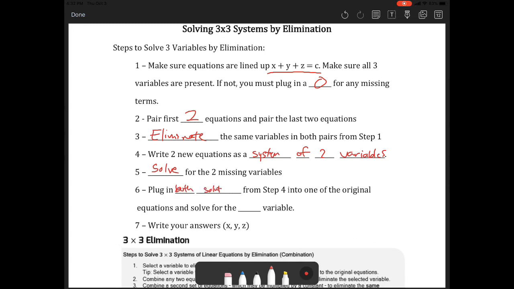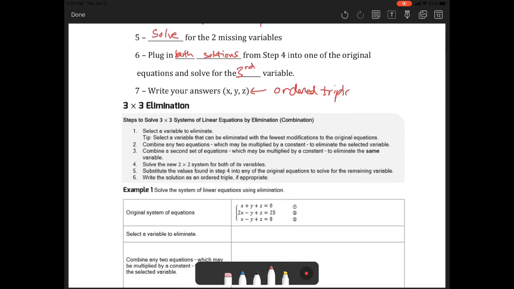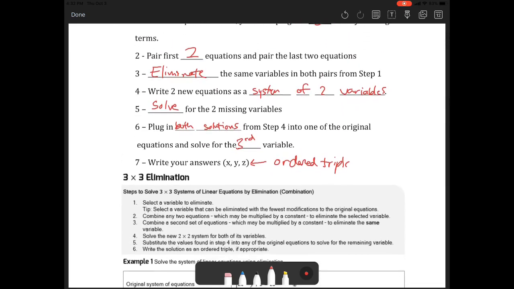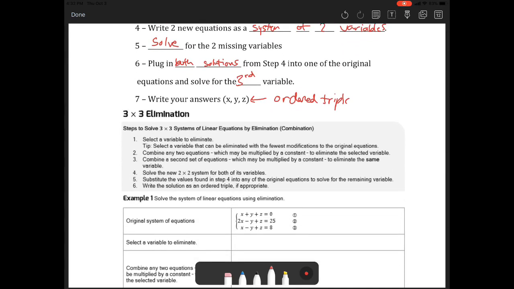Then we're going to plug in both solutions from step 4 into one of the original equations and solve for the third variable. So we're going to write our answer as an ordered triple. So those are our basic steps.